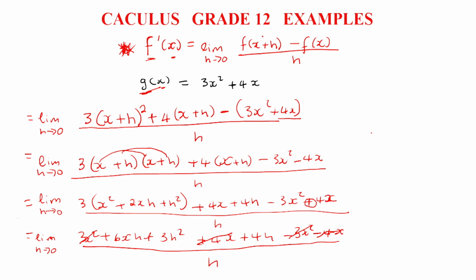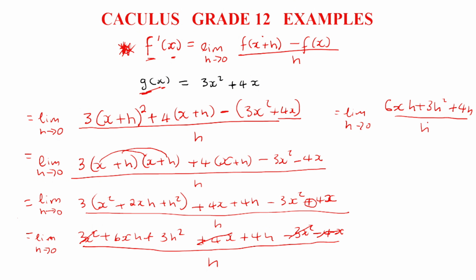Now I'm going to come to this side since I've run out of space. It's going to be equal to the limit as h approaches 0. What is left here is 6xh plus 3h squared plus 4h, all over h.